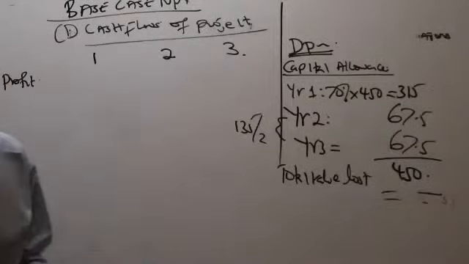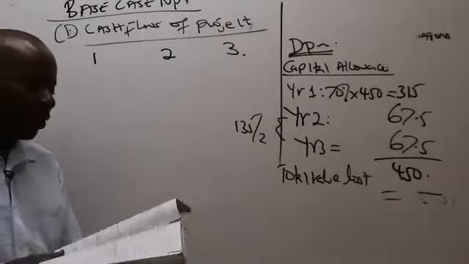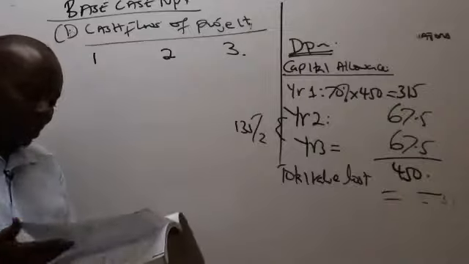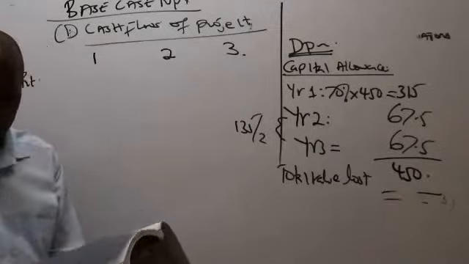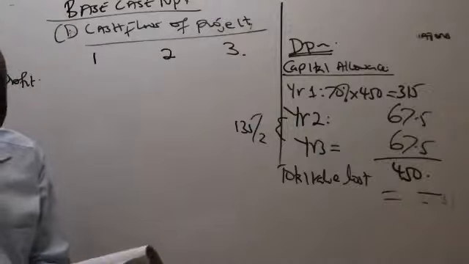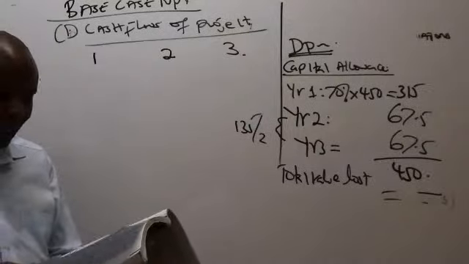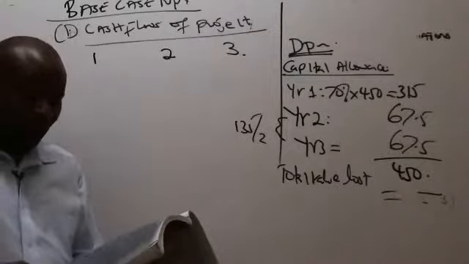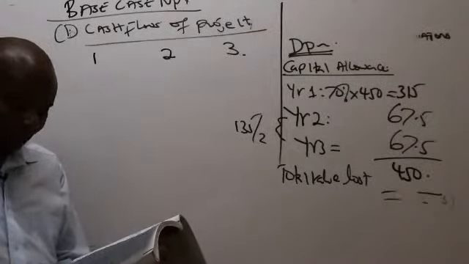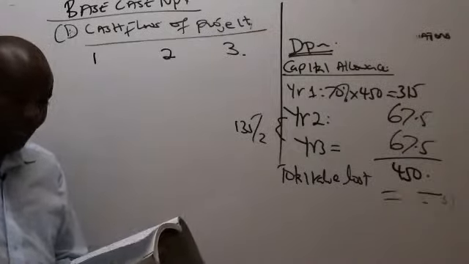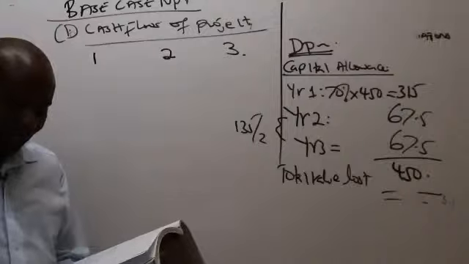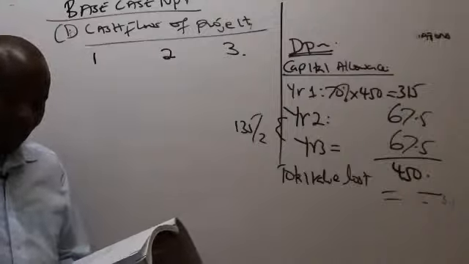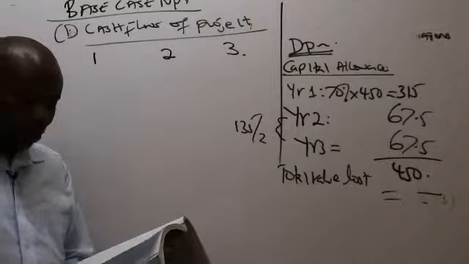Because if you look at this question, ladies and gentlemen, they've told us the project is expected to produce net annual operating cash flows of 220 million. They're operational cash flows of 220 million for each of the 3 years of its useful life.